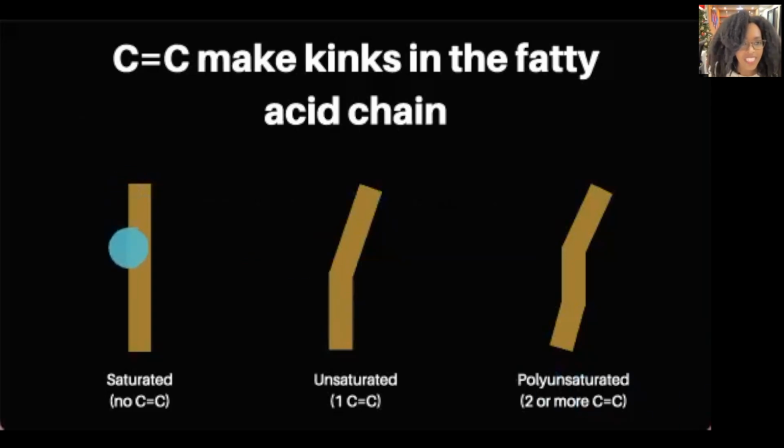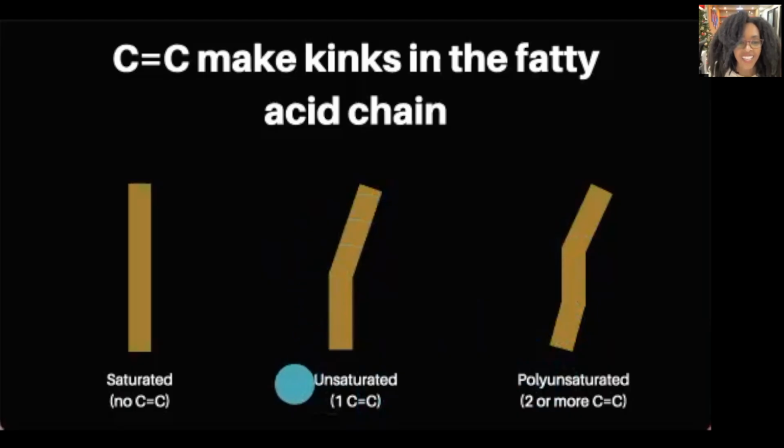So here we can see a saturated fatty acid chain that is straight. Then we have an unsaturated fatty acid chain with just one double bond. So it has one kink. And then we have a polyunsaturated fatty acid chain, which has multiple kinks in it.